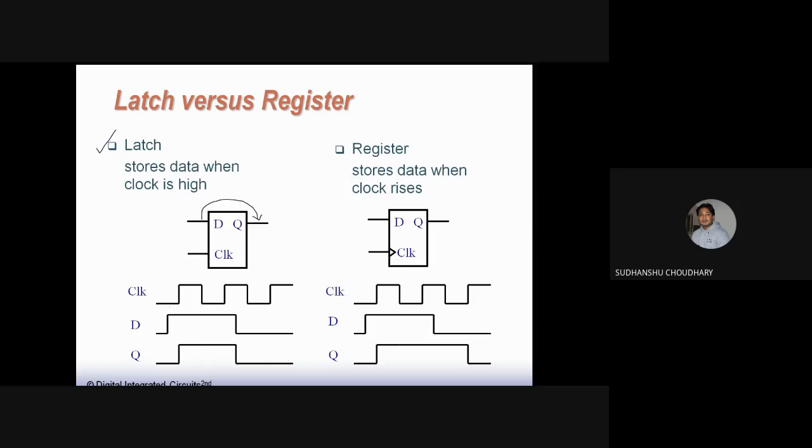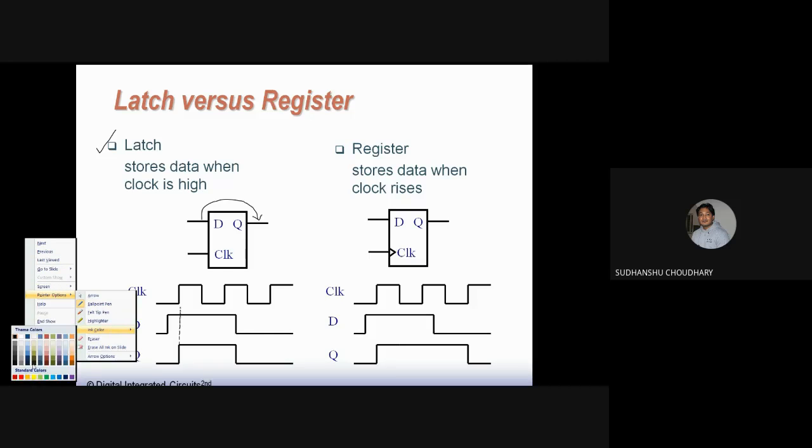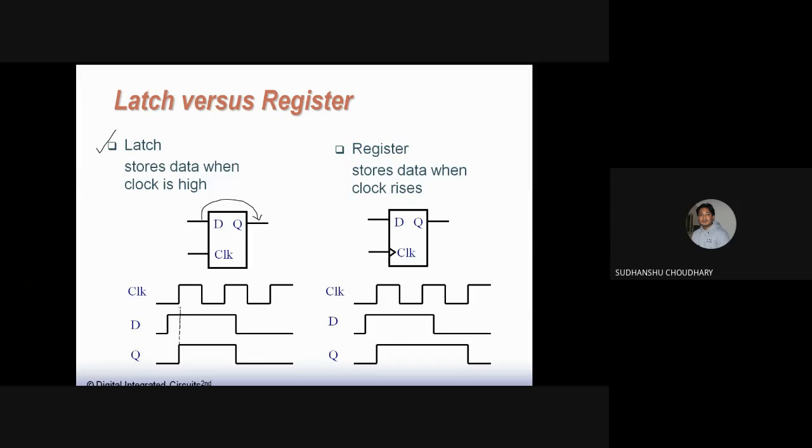Here we see that at this point D is held high. From here to here D is held high, and when the clock becomes positive, that is, the level is positive, the D input is copied to Q. So the D input is copied at this instant, when the positive level in the clock is achieved at this point.